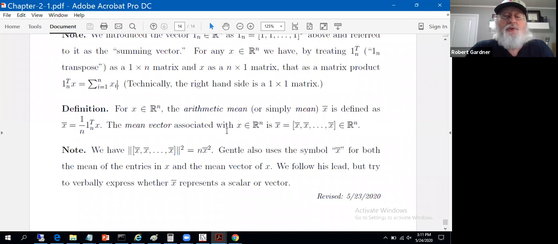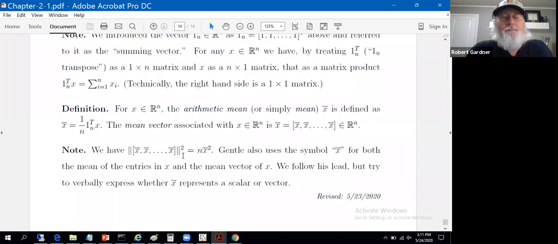The mean vector is, this angers me a little bit, Gentle, the author of the book, also denotes it as x bar. So is x bar the mean, the scalar, or x bar the mean vector being defined here? Hopefully, fingers crossed, it's clear from context. But they're defining the mean vector to be a vector in Rn, all of whose components are x bar, where x bar is defined over here.